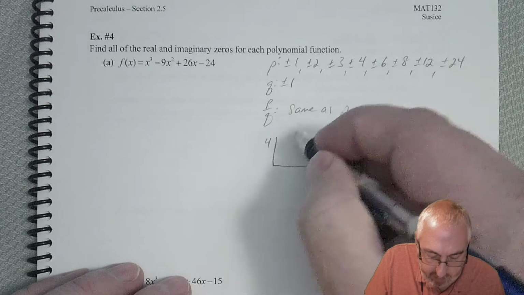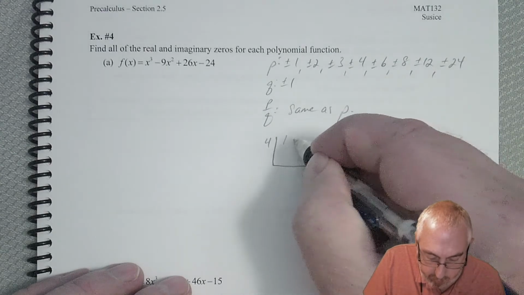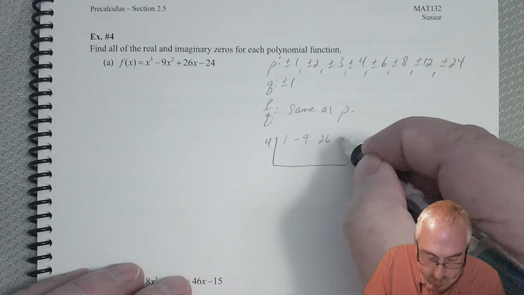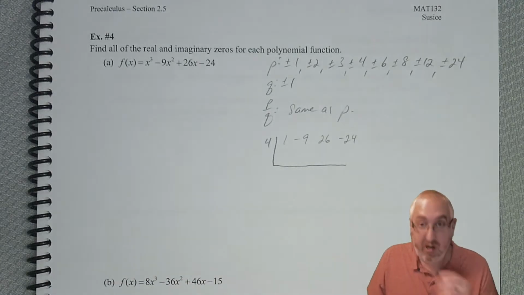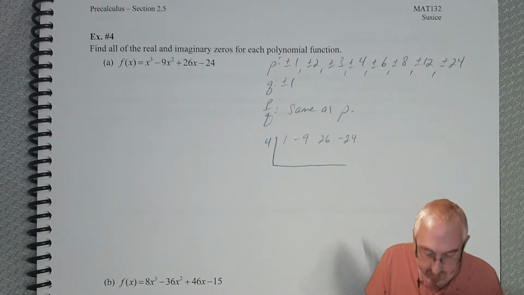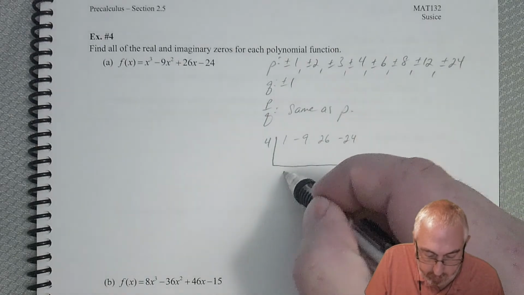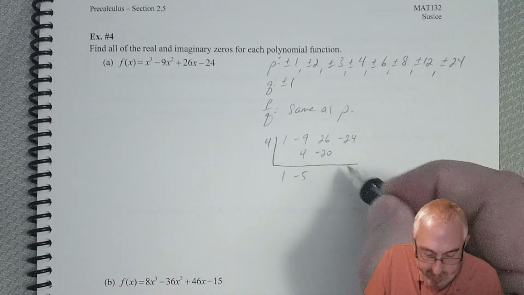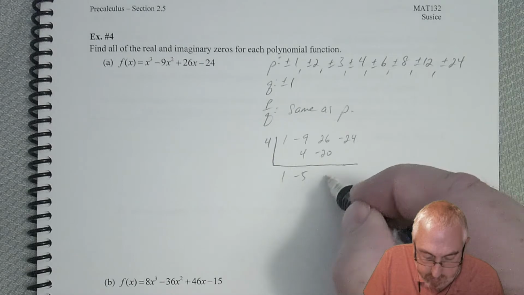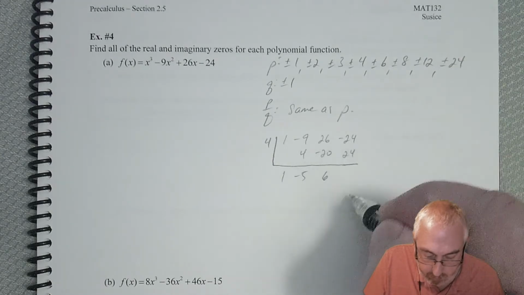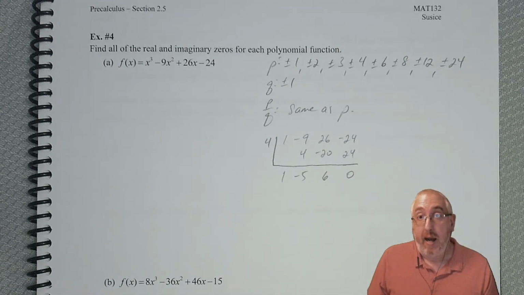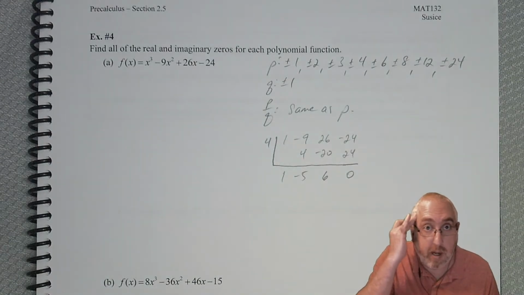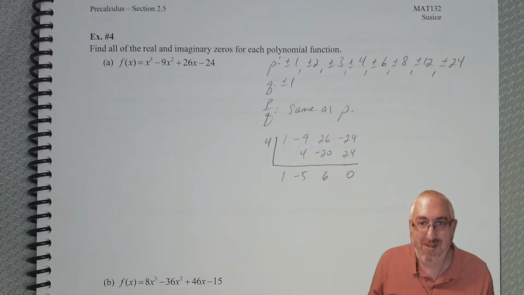So if I said 4, and I wanted to see if it divided in with a remainder of 0, we got to make sure we do our synthetic division carefully and correctly. So 1, 4, negative 5, negative 20, 6, 24, and I am either really lucky or I remembered from back in my brain what possible zeros this had.